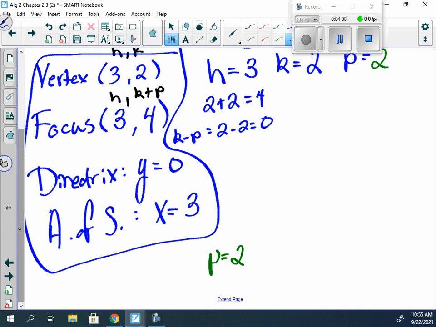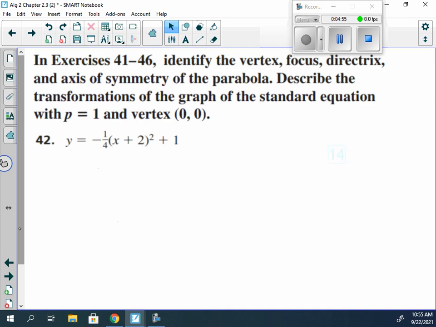And that's it. That's all we have to do. Because once we find the values of h, k, and p, we plug them into each one of the 4 to get our answers. All right, let's look at the next one.